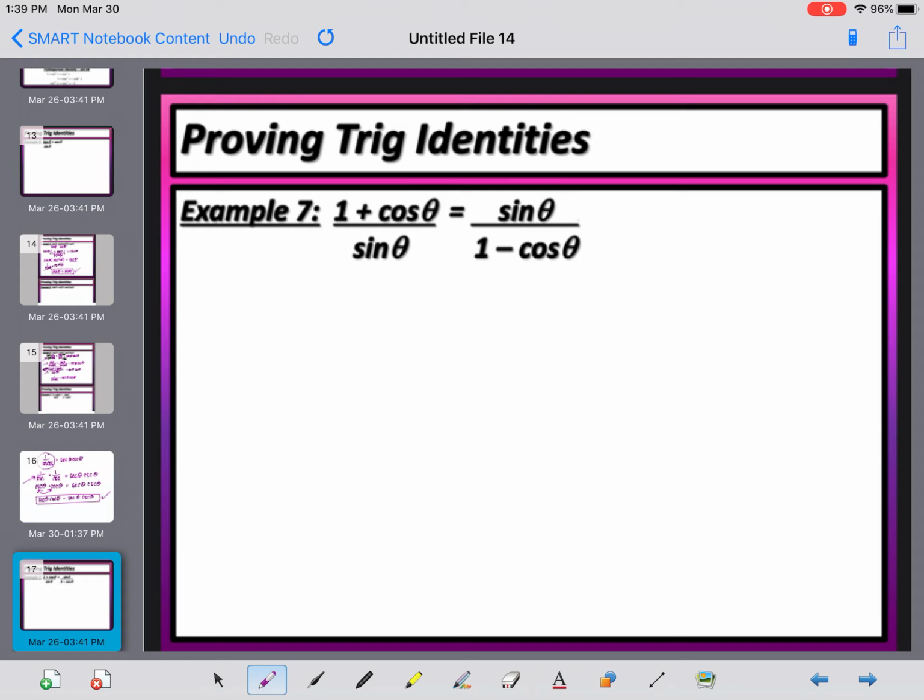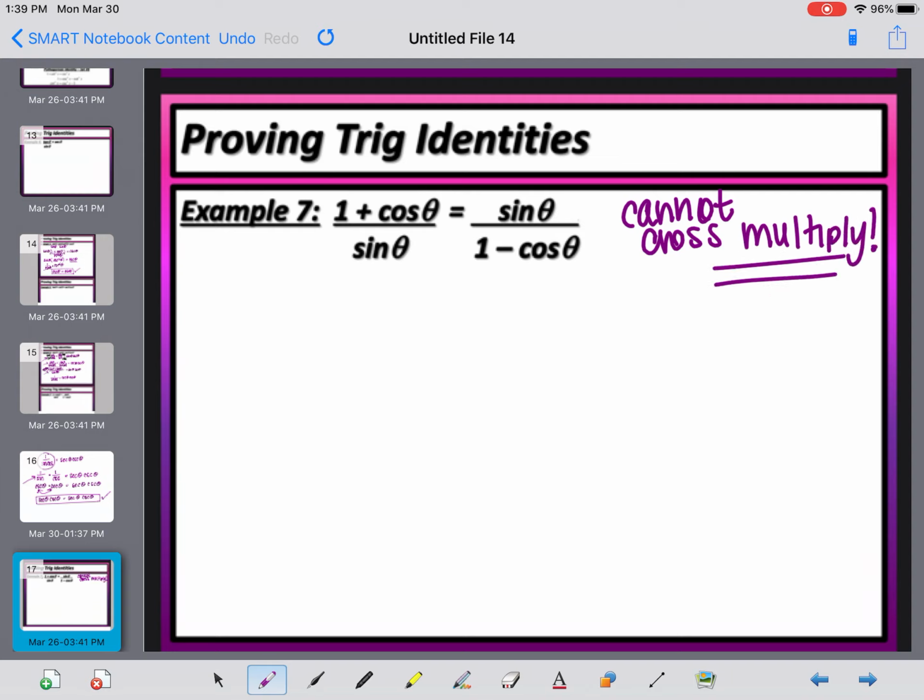Last one. So remember, you cannot work both sides of the equation, which means you cannot cross multiply. So pick a side.